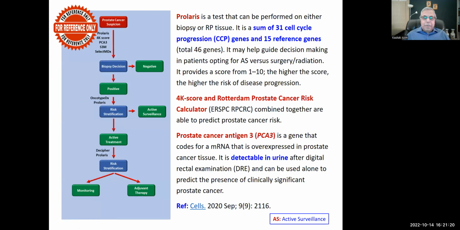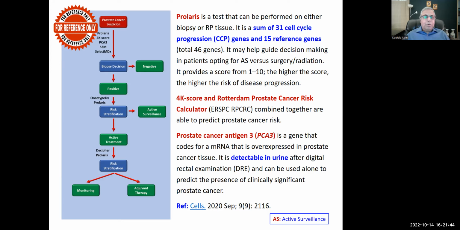And we have got some other prediction model in which we look at the genes, like this one, Prolaris. It is a sum of 31 cell cycle progression genes and 15 reference genes. So now you have got more extensive tests based on the facilities available in your hospital.